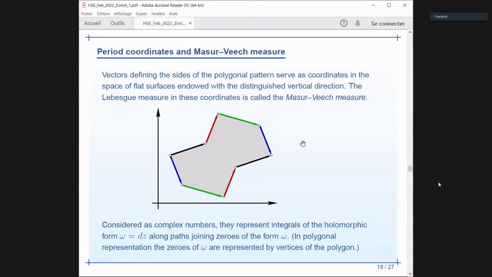First, since my polygon is now placed in the complex plane, I get a complex coordinate on the polygon. And when I identify opposite sides, you can see that this identification in local coordinates is extremely nice. A local coordinate z near one side corresponds to the coordinate z plus a constant near the other side.